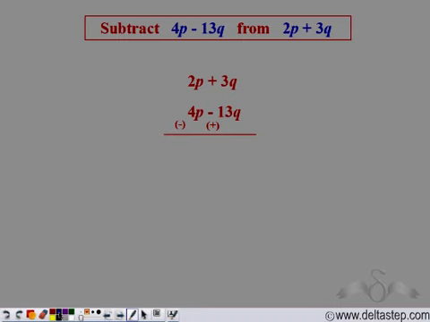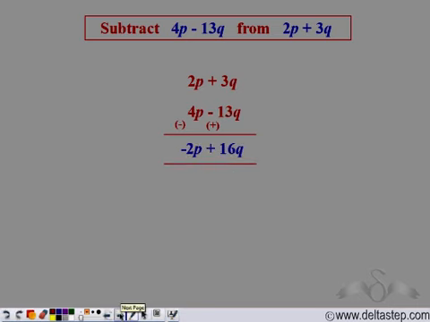So this becomes minus 4p. 2p minus 4p gives us minus 2p. 3q plus 13q gives us 16q. So this is what we have.